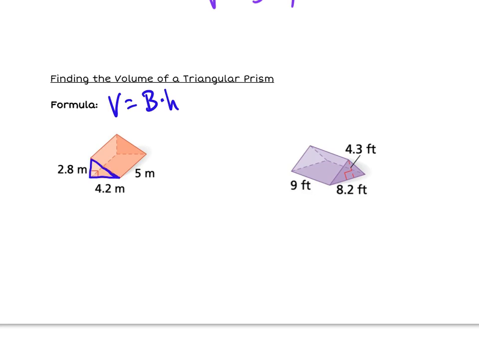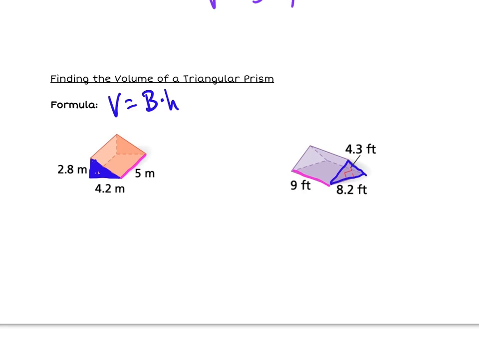If you were to stand up that shape on the triangle and make this your base, you would then multiply by the height. So the height would be this 5 meters here, and in this purple triangle, the 9 feet.